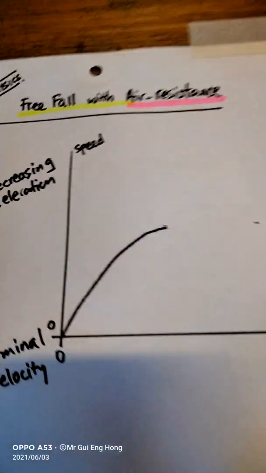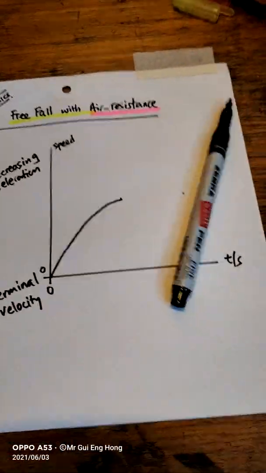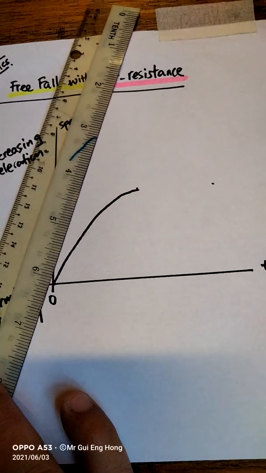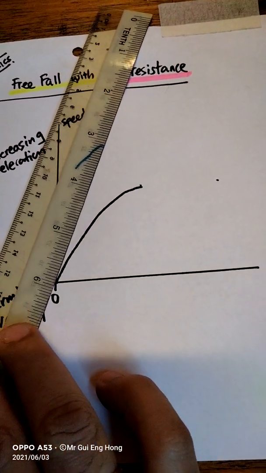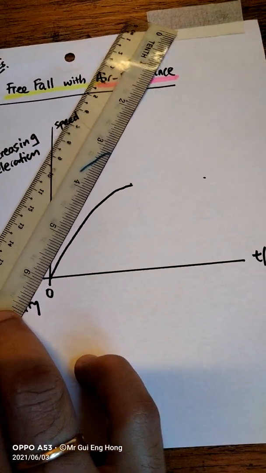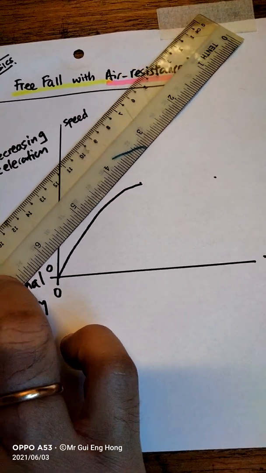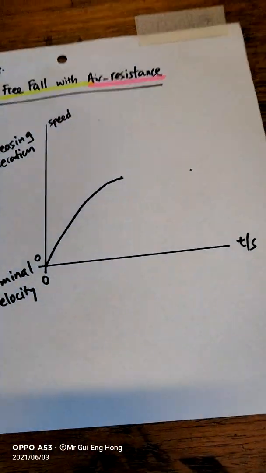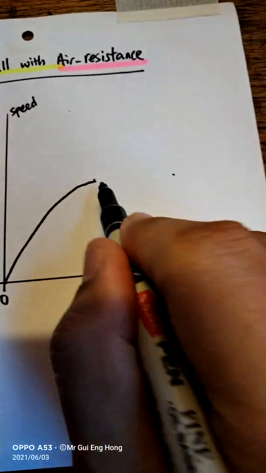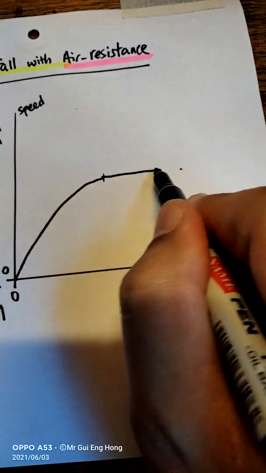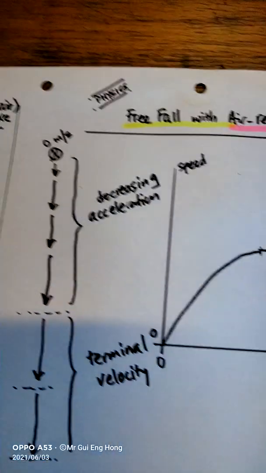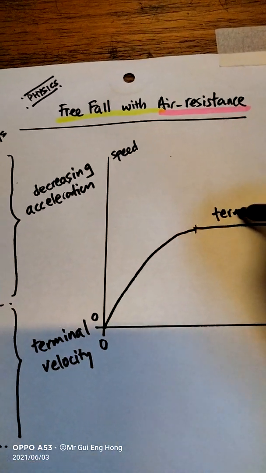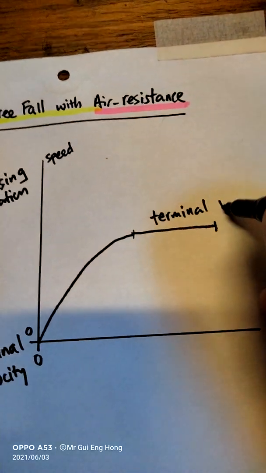It's getting less and less steep. At first the acceleration is this much, then the gradient gets less and less, and finally the gradient, or the acceleration, is 0, and it maintains at this top speed, which we call the terminal velocity.